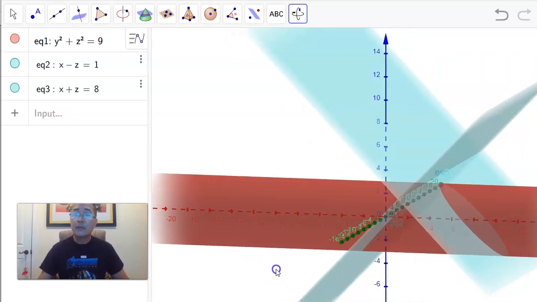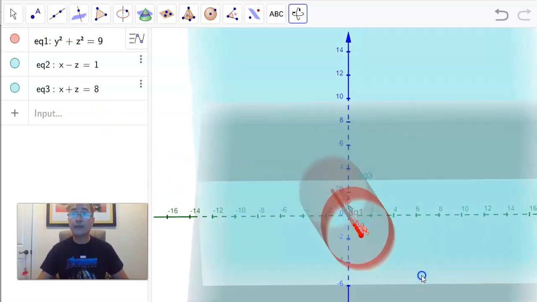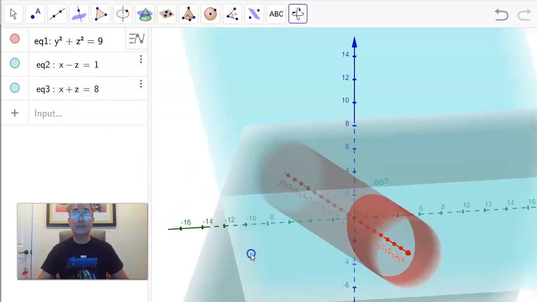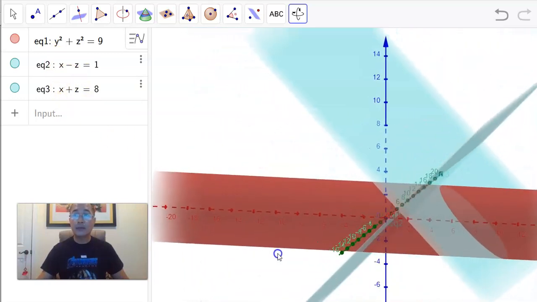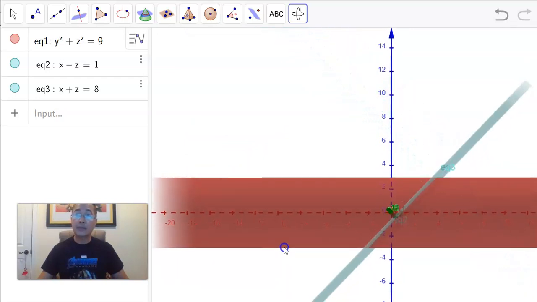Okay, so we have the cylinder, which is in Y and Z. If you look at it from the front, there is Y versus Z. But it's going to be cut by these 2 planes. Notice that instead of Y and Z, we have X with Z on these 2 planes, and they're sloping in different ways.